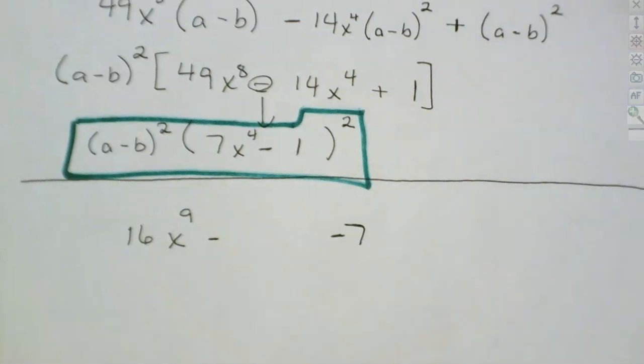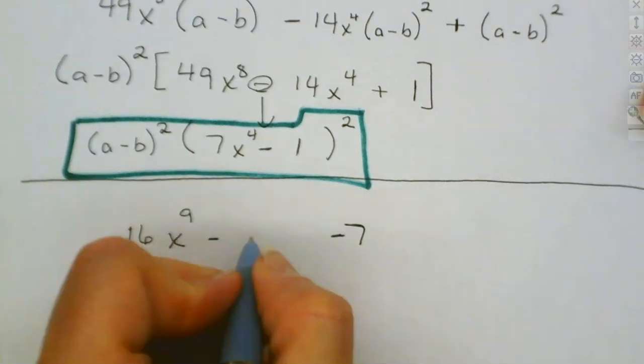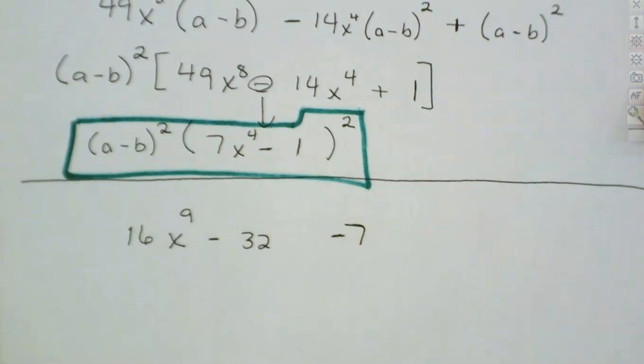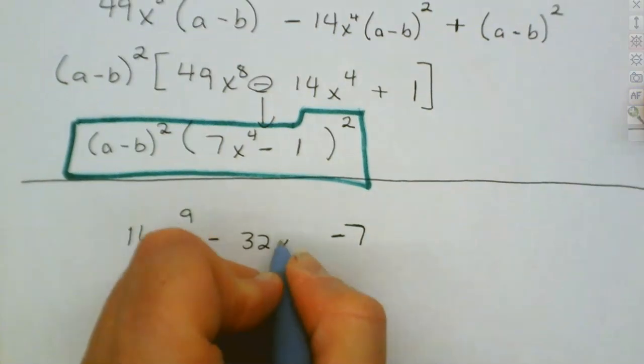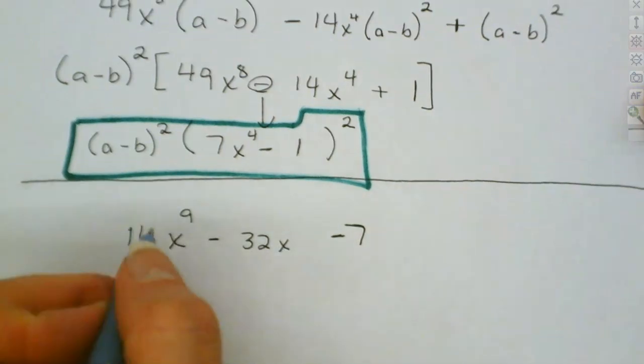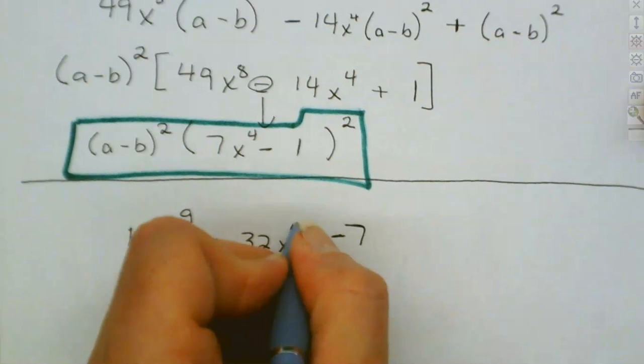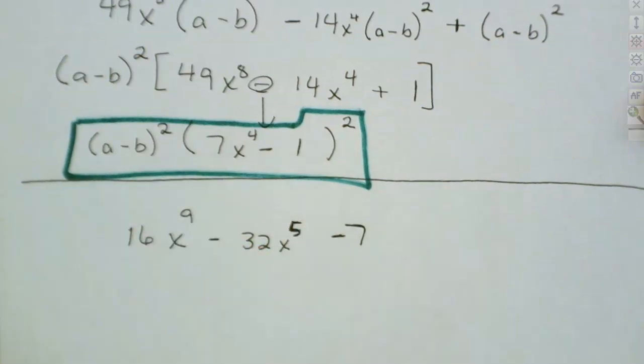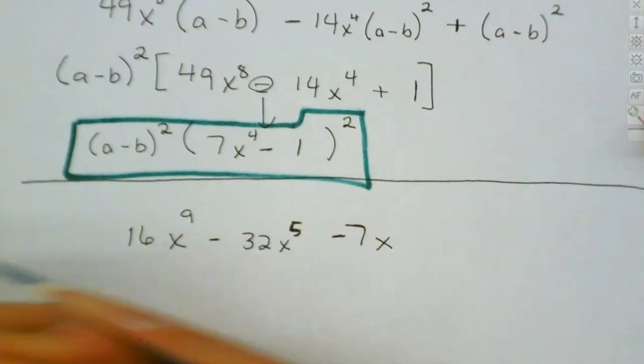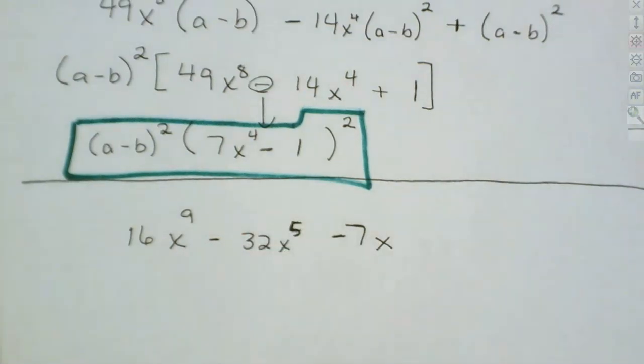Okay, and a 32. Let's make it x to the 4th, sorry, x to the 5th here. That way that'll come out correctly, and we need an x here. All right, so the first thing I would want to do is see what we can factor out, what's in common. And there may or may not be anything.